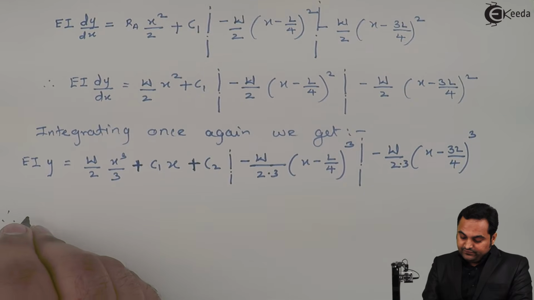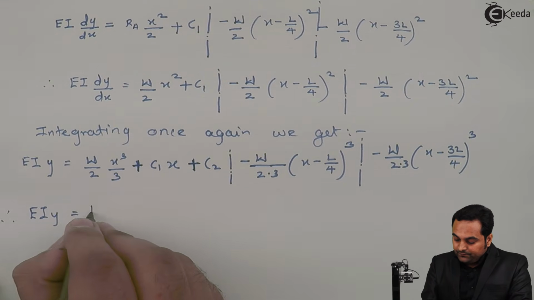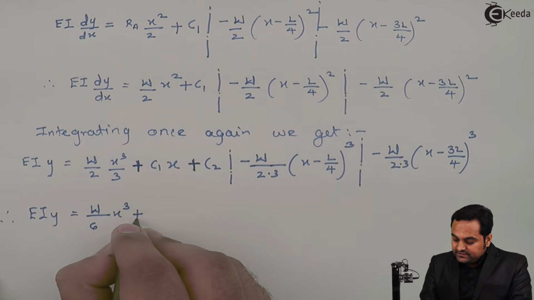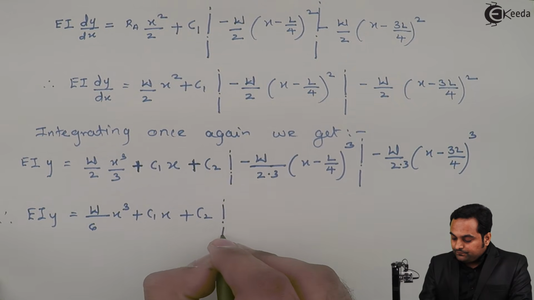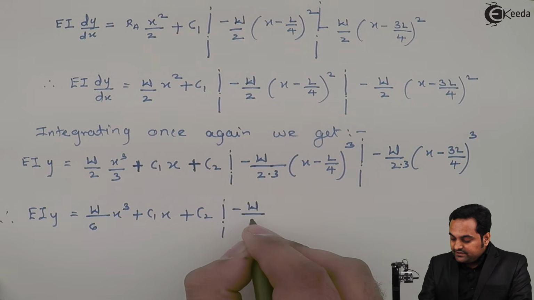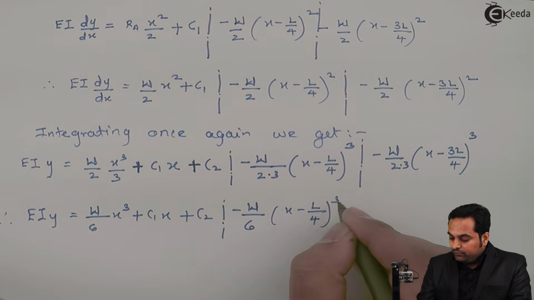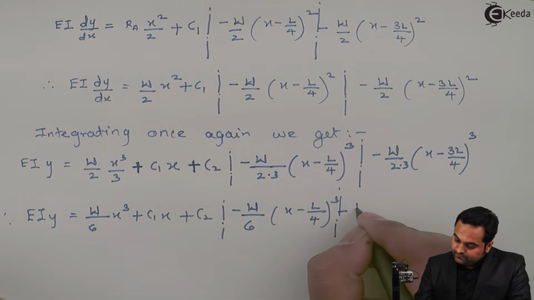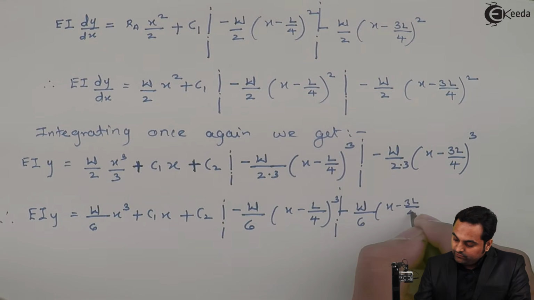So therefore we have EI into y is equal to W by 6 x cube plus C1x plus C2, minus W by 6 x minus L by 4 cube, minus W by 6 x minus 3L by 4 cube.